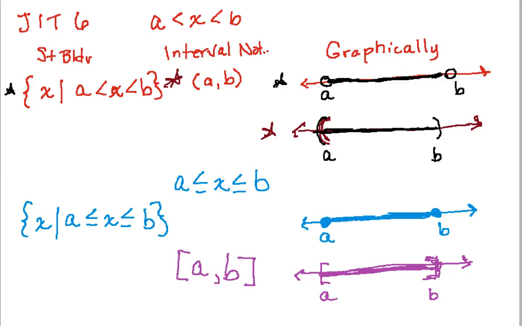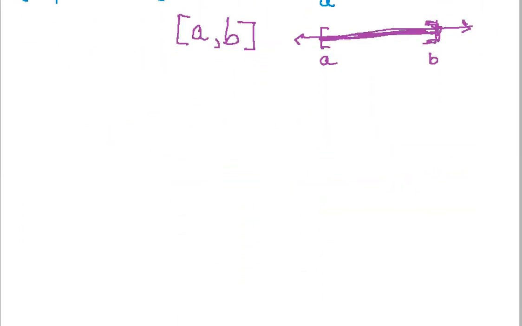Let's actually do a couple of problems with actual numbers in them, and hopefully that will help us make some sense of things. So let's go between interval notation and set builder notation.